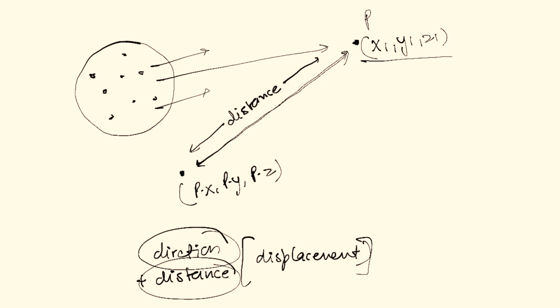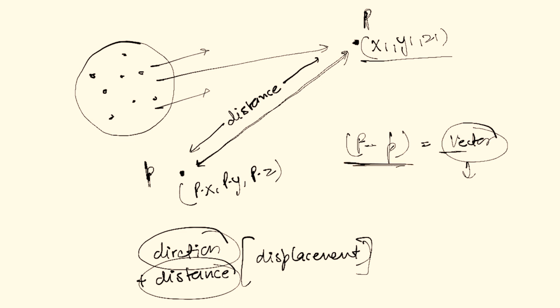If we subtract p, let's say small p, if we take capital P minus small p, we will get a vector. And this vector will tell us how much and in which direction. When we subtract this, we will get a vector. For example, when you subtract this from this, let's say you get x, y and z, you get a vector something like this.